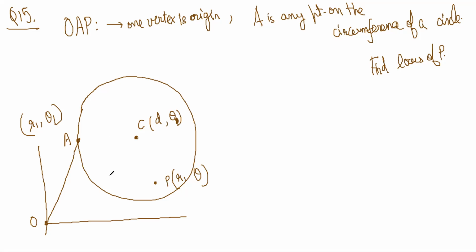So in this triangle, angle POA will be theta 1 minus theta.